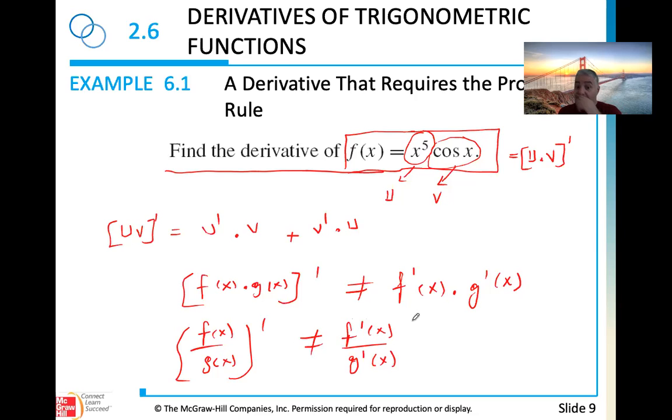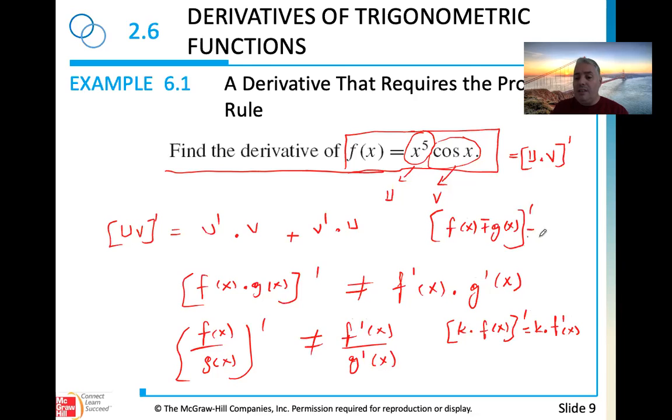This is wrong. But if you have k times f of x, where k is just a number, the derivative is k times f prime of x. Or if you have f of x plus or minus g of x, its derivative is f prime of x plus or minus g prime of x. When you have addition or subtraction, that's okay.